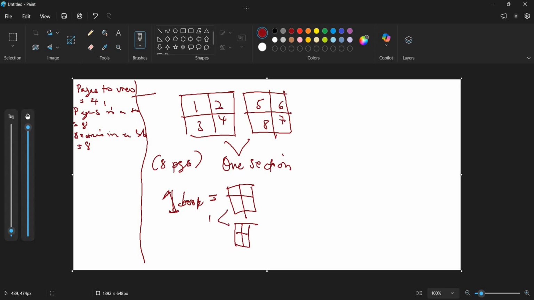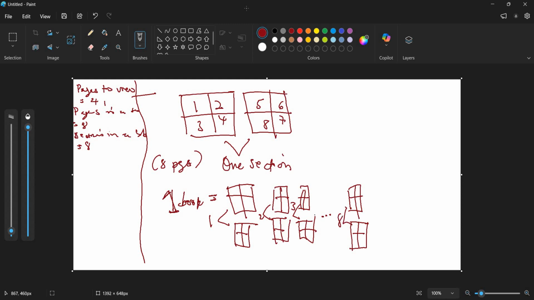So this is one section, another 4 pages to view, and then its back is 4 pages to view, 2, 3, 4, 5, 6, 7, then the last one, let's say 8. Yes. So that means this book consists of 1, 2, 3, 4, 5, 6, 7, 8 sections.